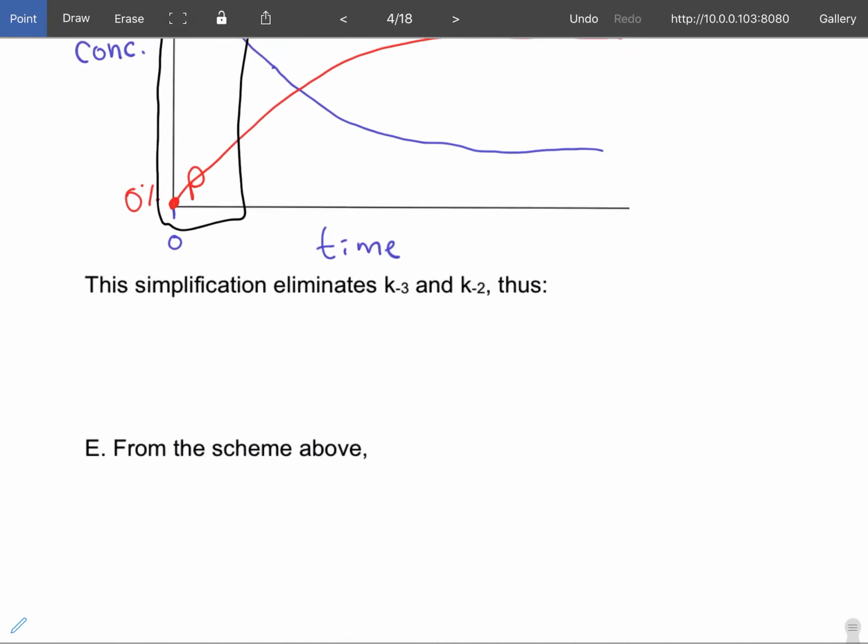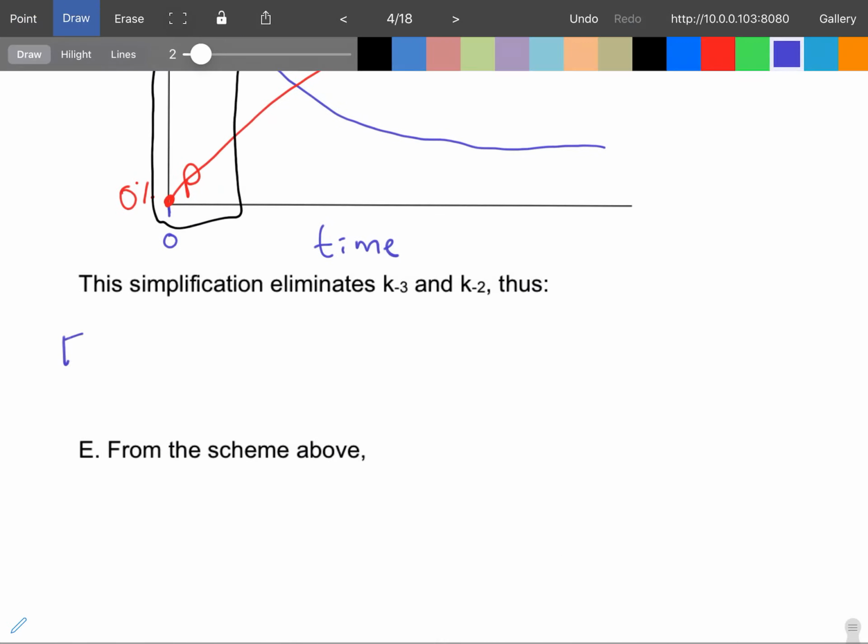Now what does that look like? So we now have E plus S makes the enzyme substrate complex via K1, K minus 1, produces, but now there's no K minus 2, so there's only a forward K2 to produce the enzyme product complex and a forward K3 to produce the free enzyme and free product.